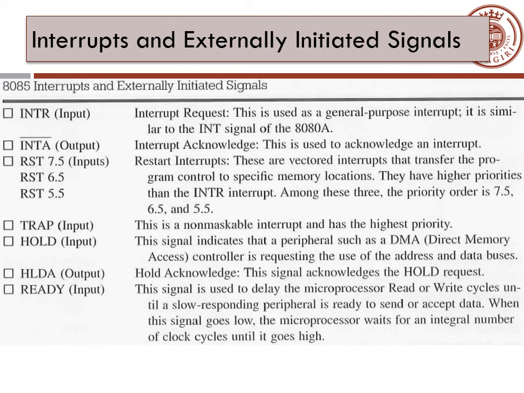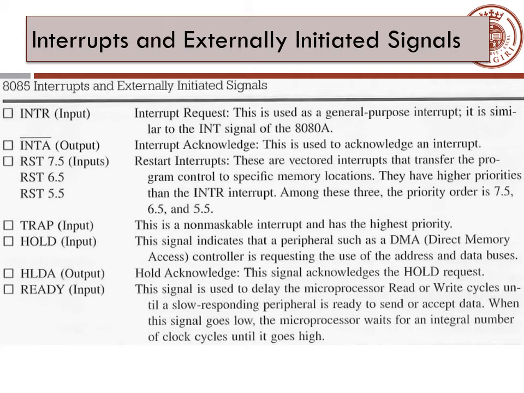Now we will see the next classification of the pins or signals. You have the interrupt and externally initiated signals. So INTR is an input pin which is known as interrupt request. It is a general purpose interrupt.